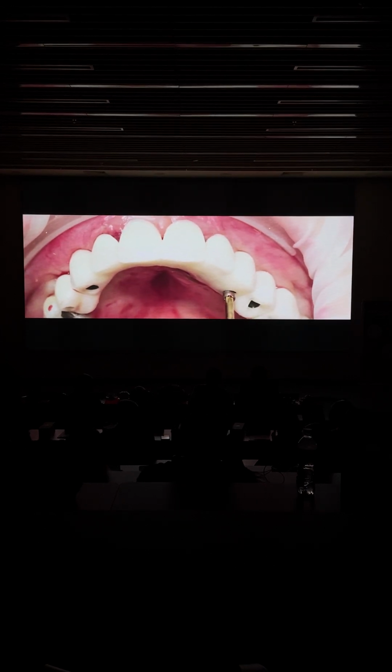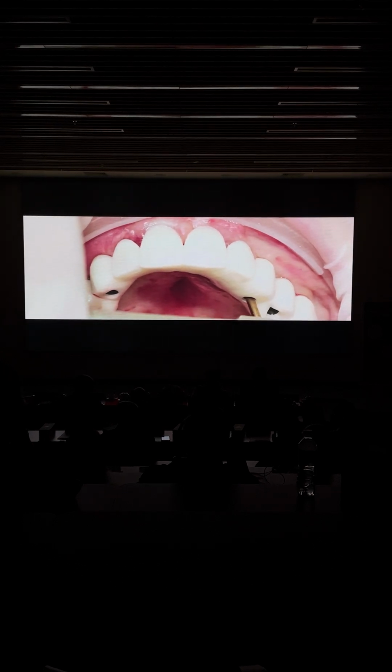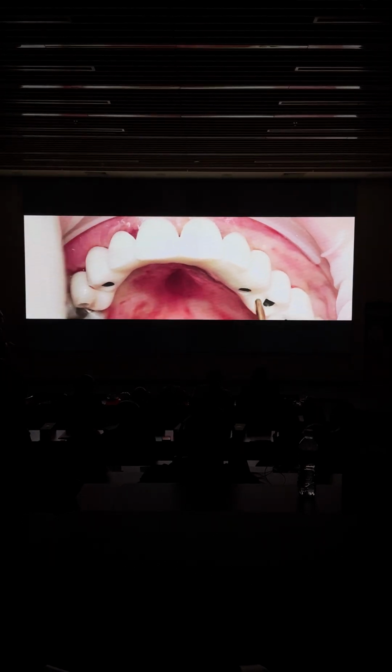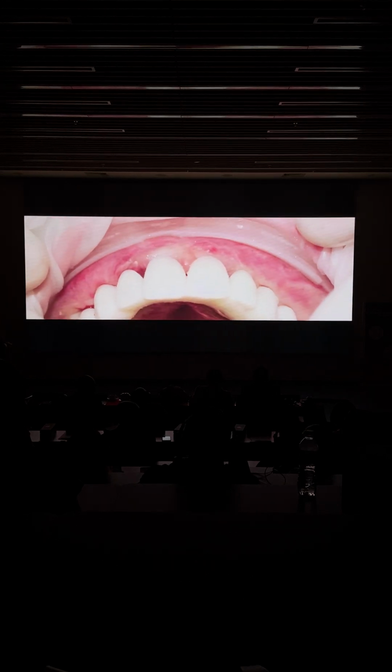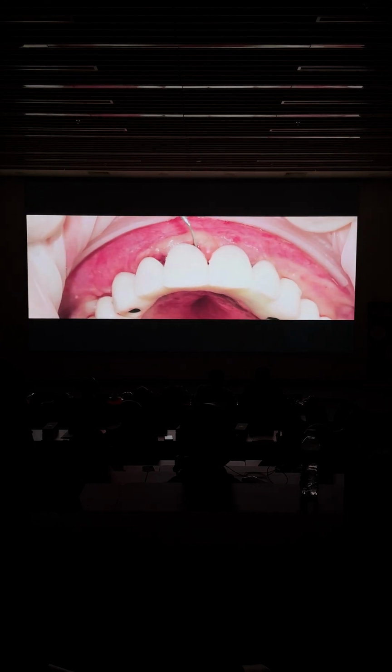So you can see that my provisional is placed in. The patient, of course, has been anesthetized. And then you can see an open bite. I am checking with my floss that I don't have contacts on the distal aspect of my crown.